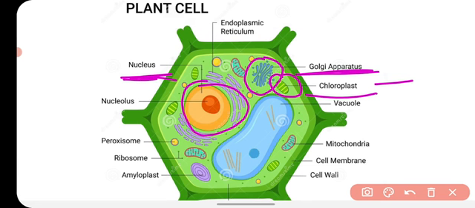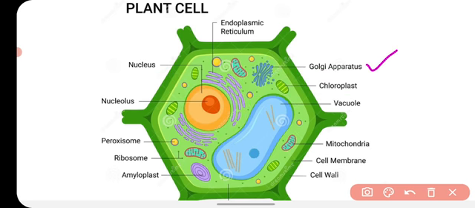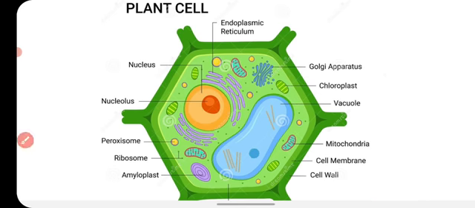Chloroplast is the kitchen of the cell, synthesizes glucose by the process of photosynthesis. Golgi apparatus transforms the protein and helps in transportation, and they also produce lipid. And nucleus, you know that this is the control system of the cell. It regulates and manages all the activity of the cell.